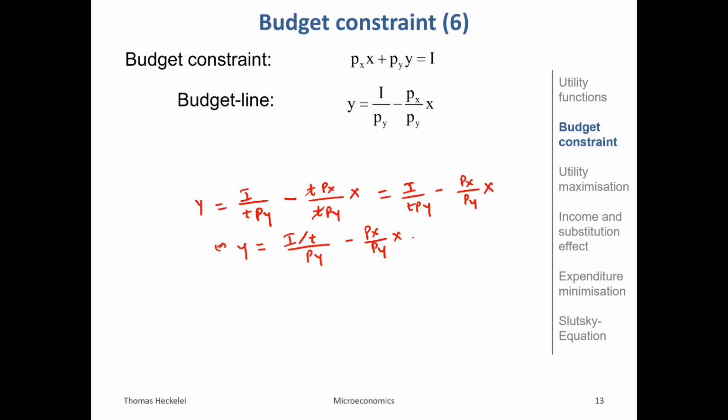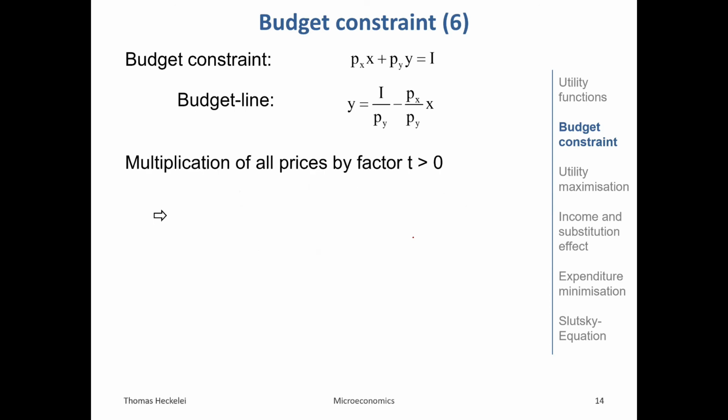The second thing, writing it this way, you can see that similar to the case where we have income reduced by a factor t, those two scenarios are equivalent. Either you increase all prices by t, or you decrease income by t times. They will lead to the same result.